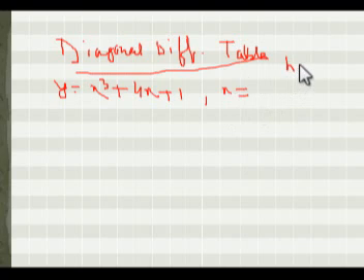Here the step length is 1: 2 minus 1 is 1, 3 minus 2 is 1, 4 minus 3 is 1. So all the arguments are equidistant. Now we have to formulate the diagonal difference table in this way.